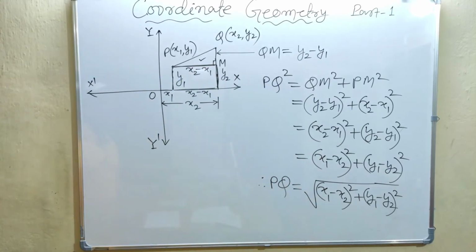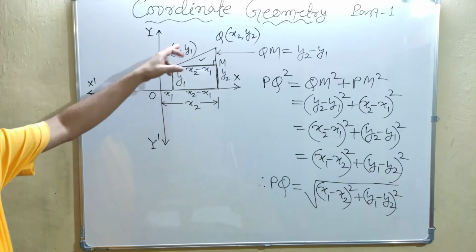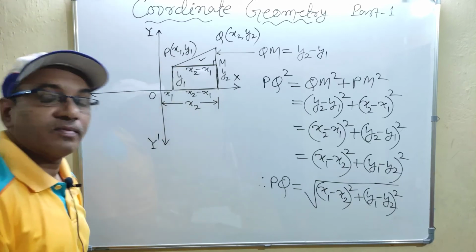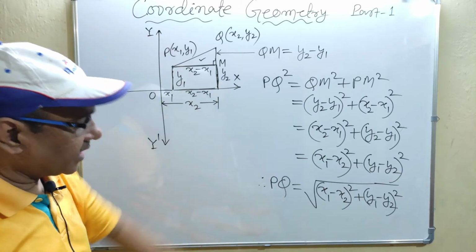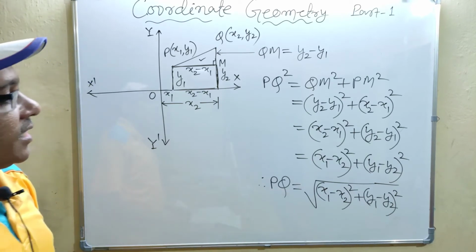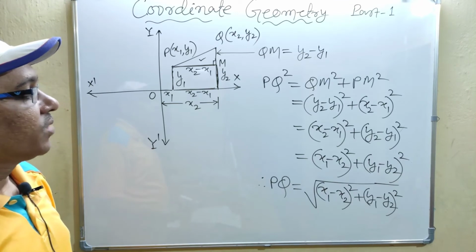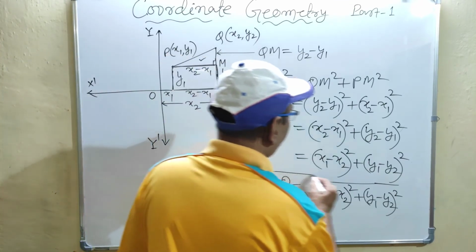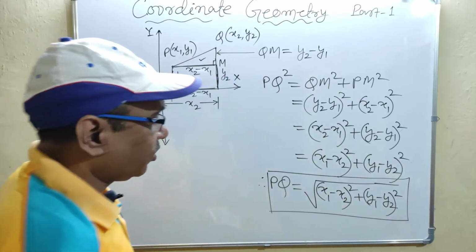In this way we can find distance PQ. If P (x1, y1) and Q (x2, y2) are two given points on a plane, then distance PQ can be taken as root under x1 minus x2 whole square plus y1 minus y2 whole square. This will be used as a formula for finding the distance between 2 points.